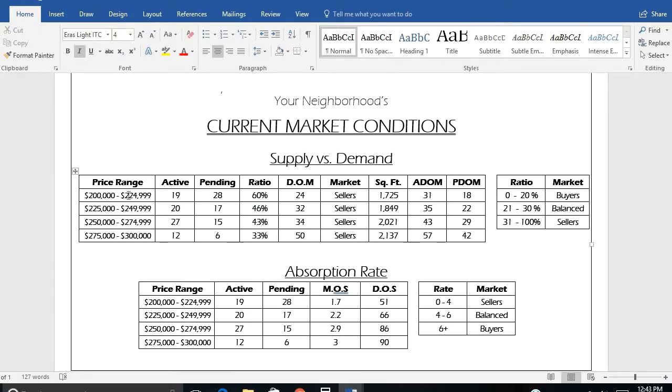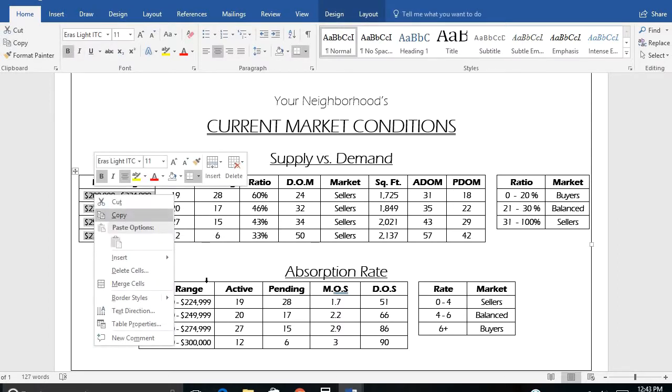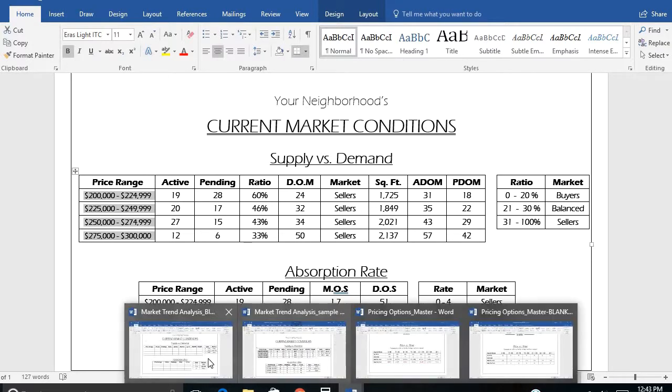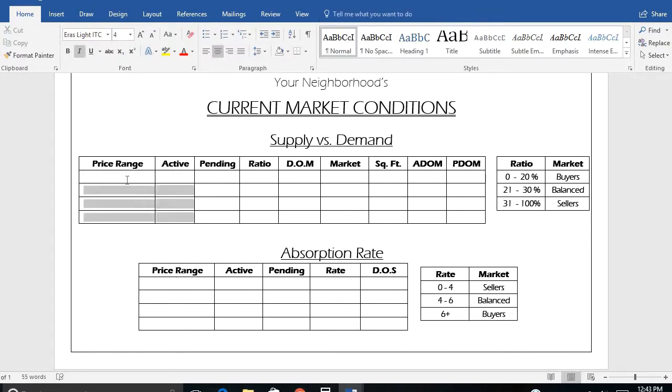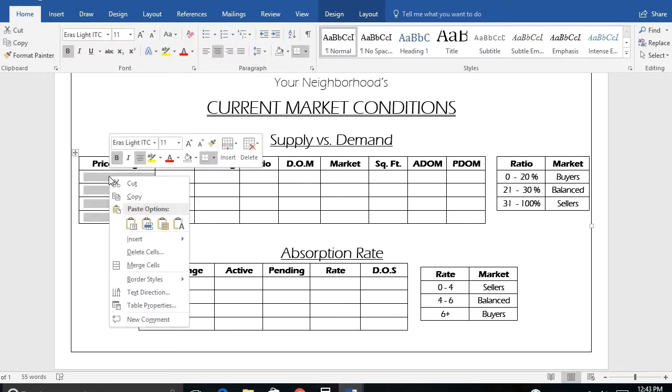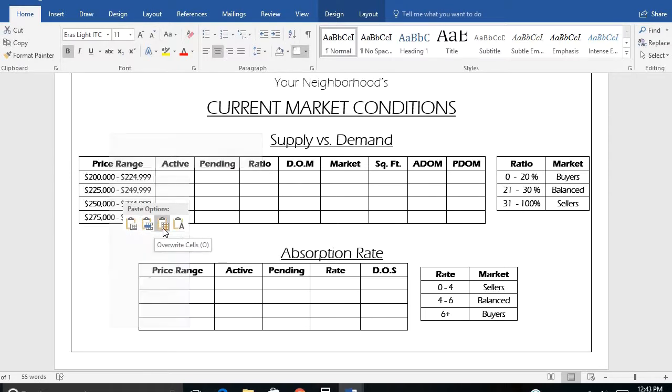The 200 to 225, 225 to 250, 250 to 275, 275 to 300, right? So there's a $100,000 spread there. Okay, all right, so for the sake of simplicity, without having to retype all this, I'm just going to copy that and pop it into my blank one here. So these are the price points I'm going to use.